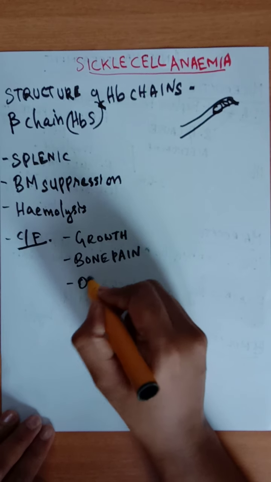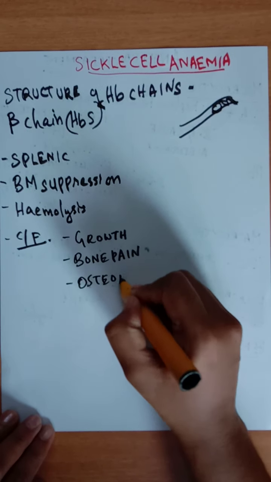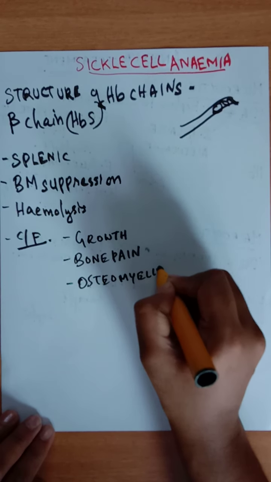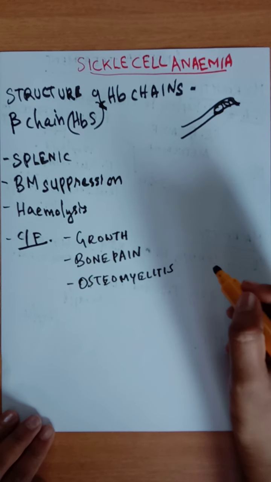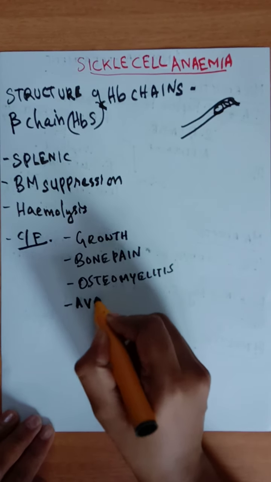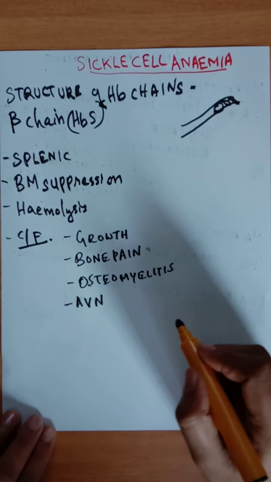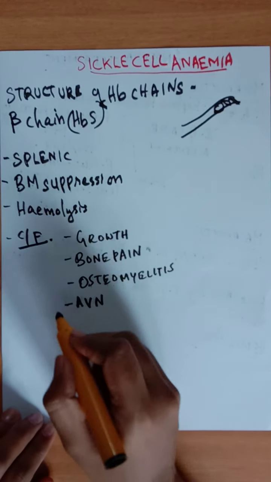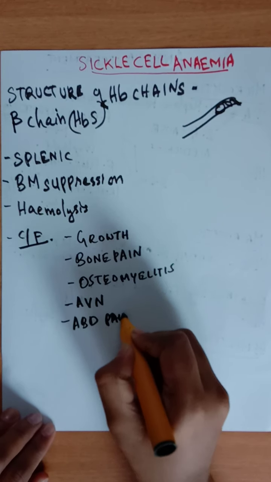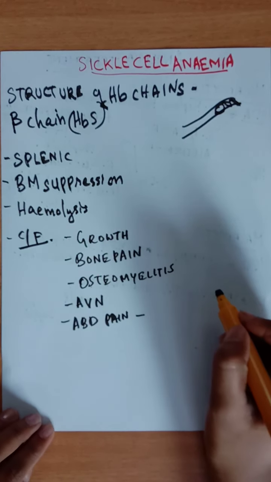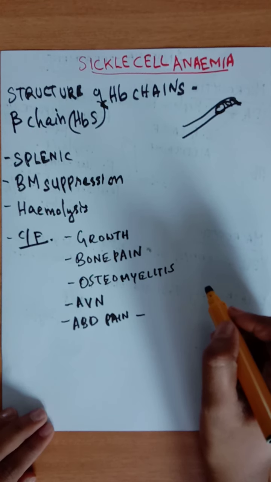Osteomyelitis, mostly due to Salmonella and Staphylococcus infection. Then avascular necrosis of the hip, compression of vertebra, and abdominal pain, and this can mimic appendicitis or cholecystitis.